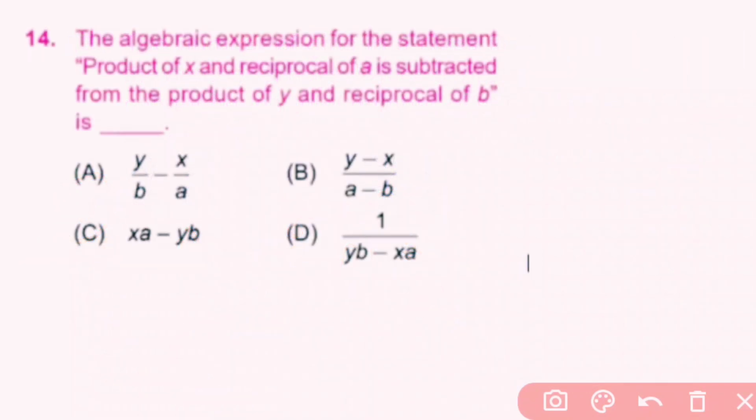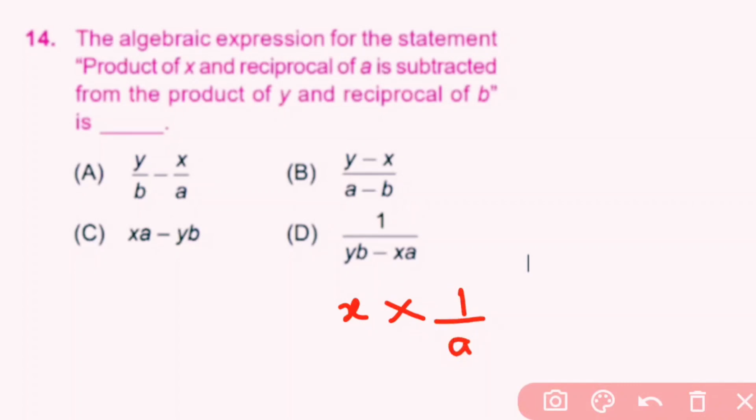Question number 14. The algebraic expression for the statement the product of x and reciprocal of a is subtracted from the product of y and reciprocal of b is dash. So here product means multiplication. Product of x means multiplication of x and reciprocal of a. Reciprocal of a is 1 by a.